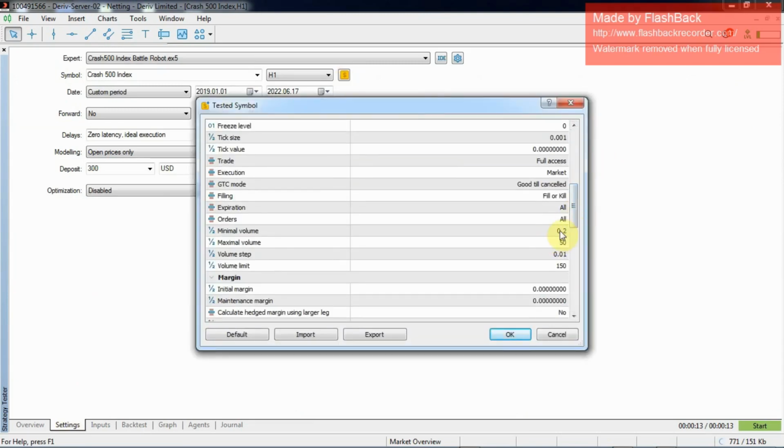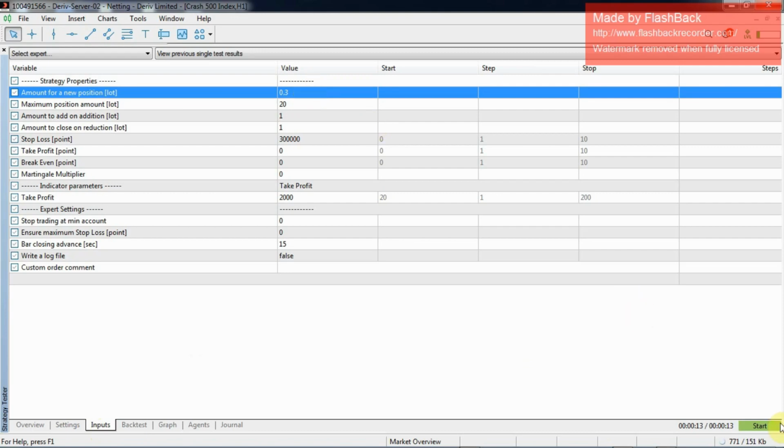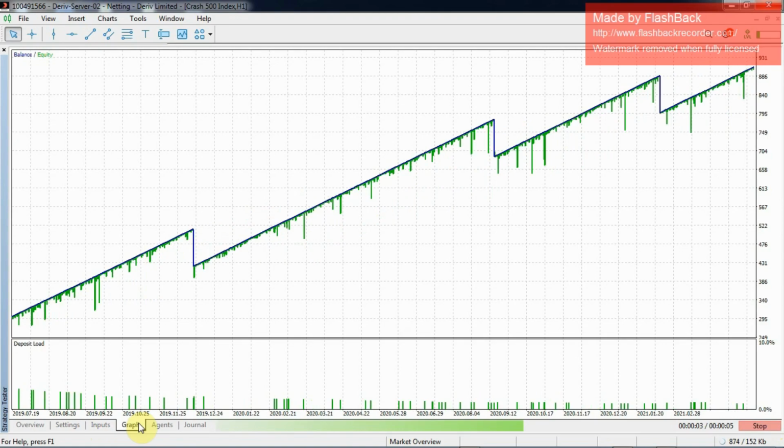Okay, let's see what's the smallest volume. It's 0.2. So let's try to use a small volume, because some of you guys are coming with small accounts. Let me use 0.3. Let's run the back test.